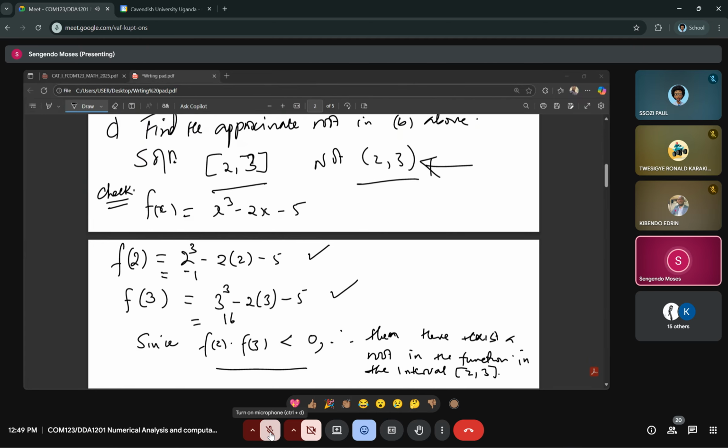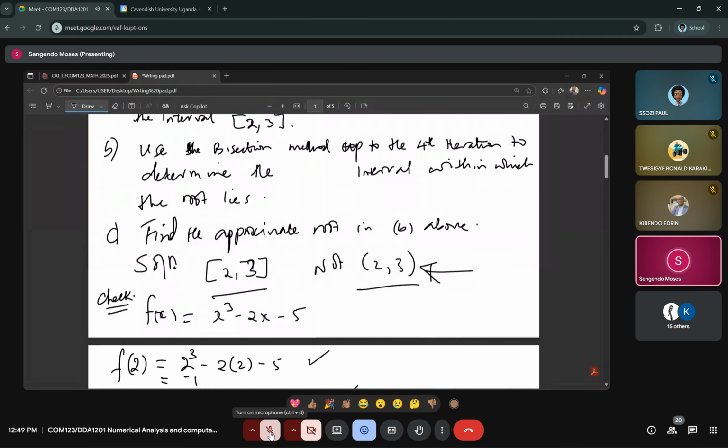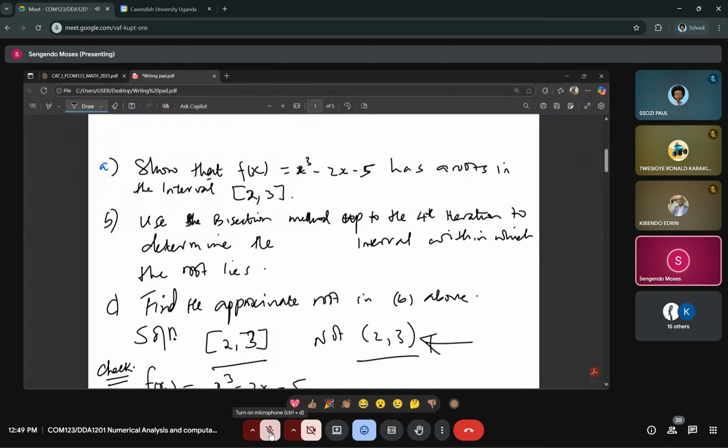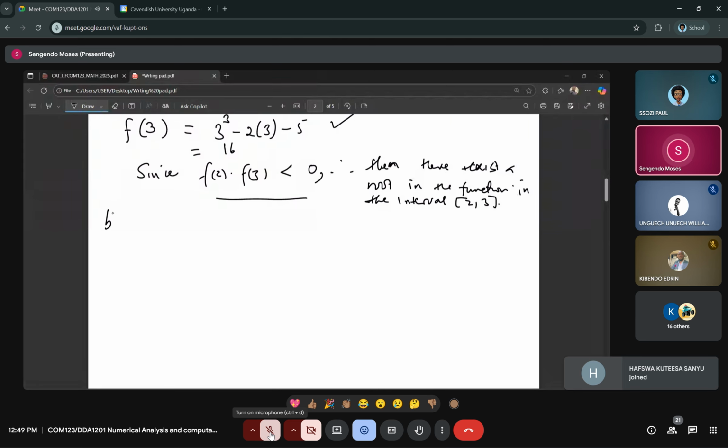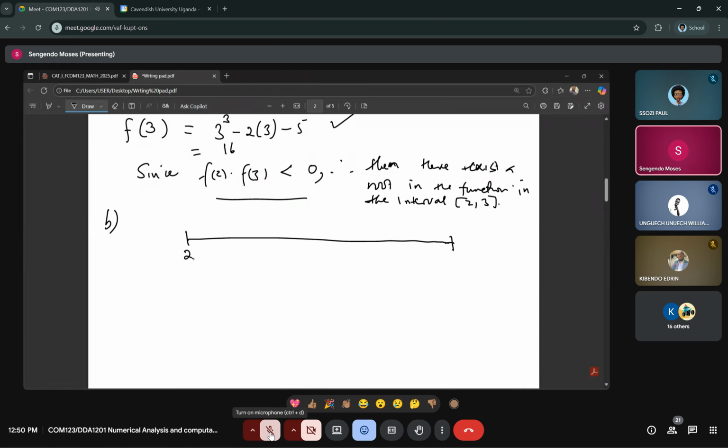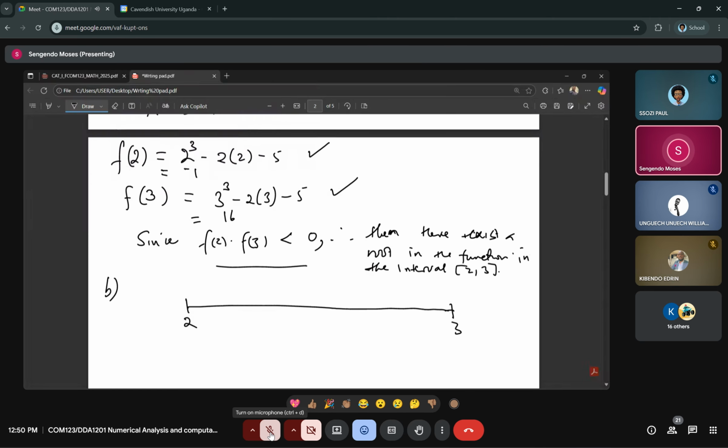Part B is requiring us to use bisection up to the fourth iteration to determine the interval within which the root lies. Therefore, the first thing I normally advise you to do is to draw a line like this, and then you write the numbers. We have 2 and 3, because it is going to help you decide which interval you are going to take next.